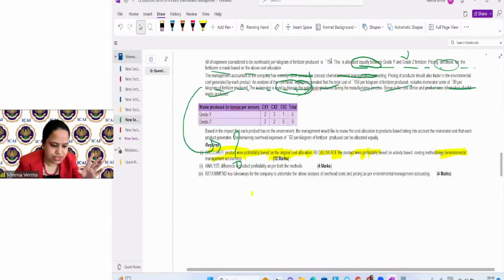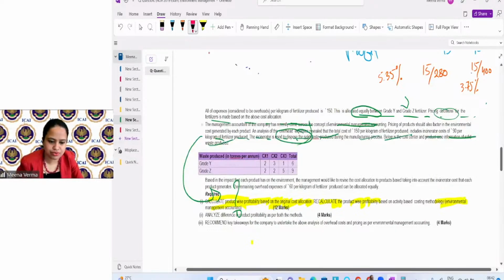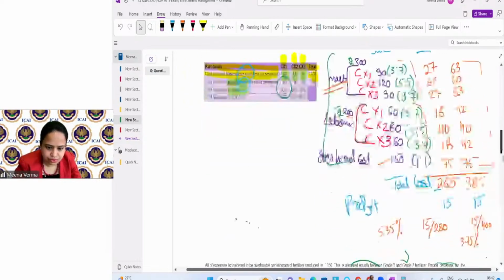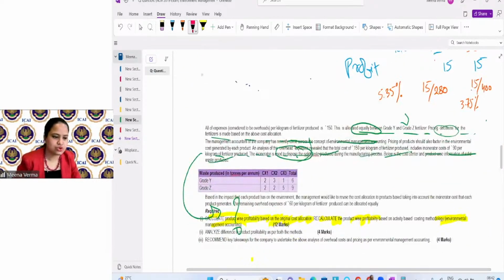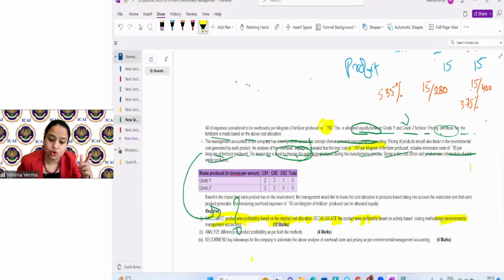Okay, so if you will see here, what do we have here? We have this information here, right? We have what information? That instead of overhead cost as 150 here, we have 150 overhead cost here, right? So previously also we had 150 overhead cost, but here what they have done, they have classified this 150 overhead cost.